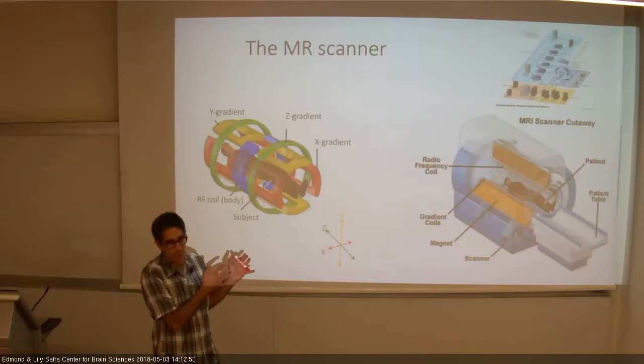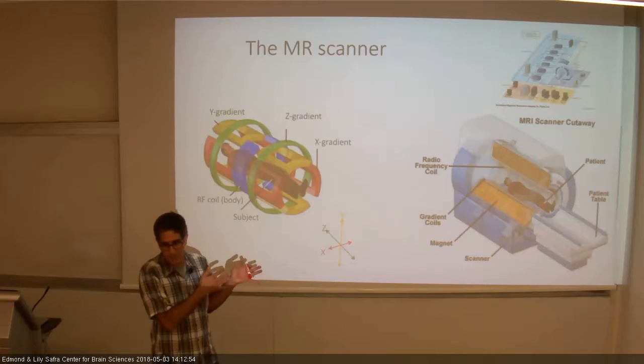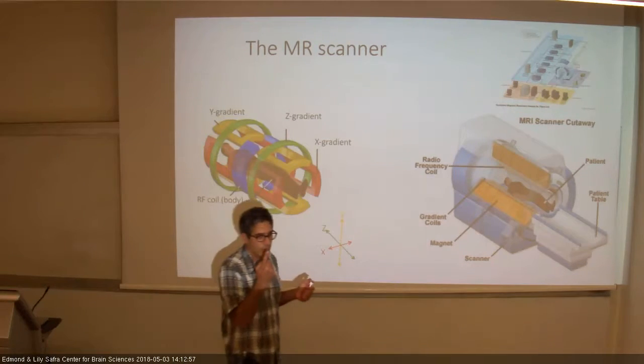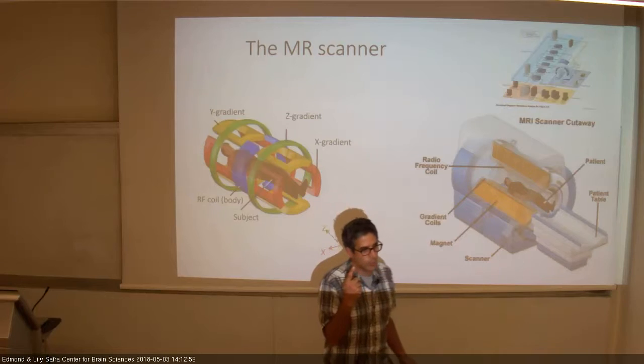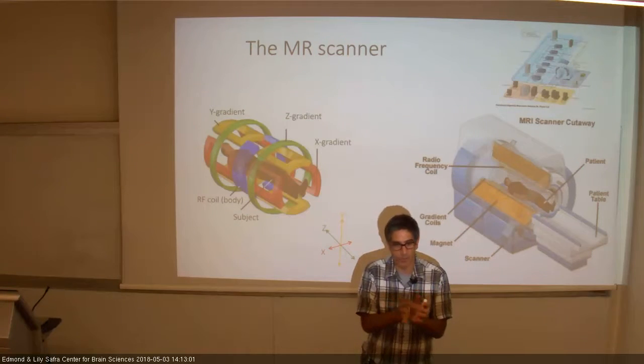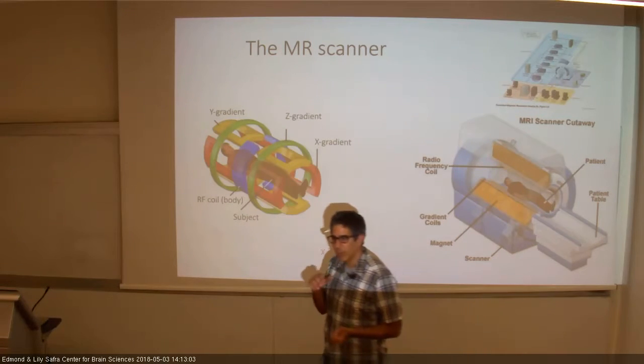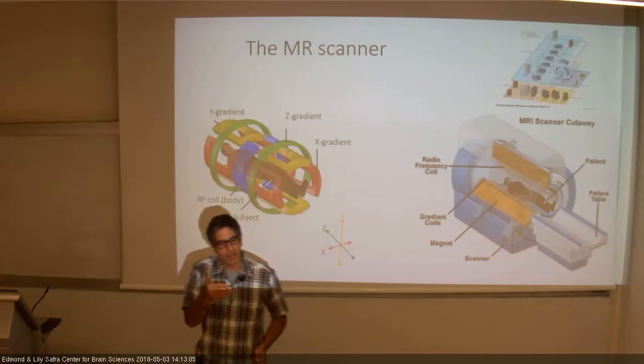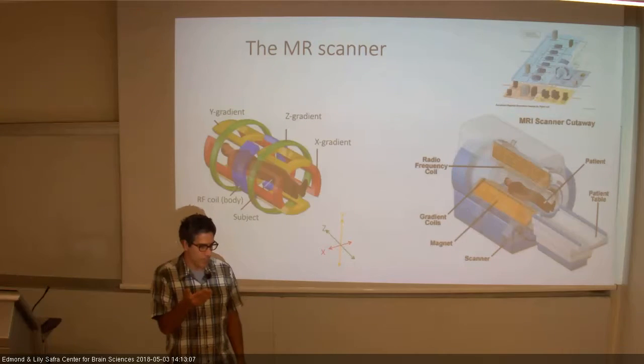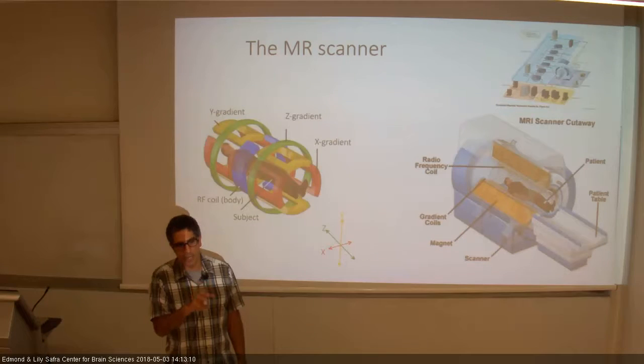something about space, finding location. So we're going to make images. We're not going to make a single measurement in MRI. We're going to make a measurement of an image or maybe a volume. And so we need a way to create some kind of variability in the magnetic field in space. If we don't do that, it becomes an NMR.